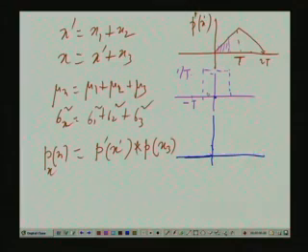If this is x, the height will be 1 by t times x, where 1 by t is the slope. So, x into 1 by t x will be a quadratic function, x square by t. So, you will get a function like this, something like this.